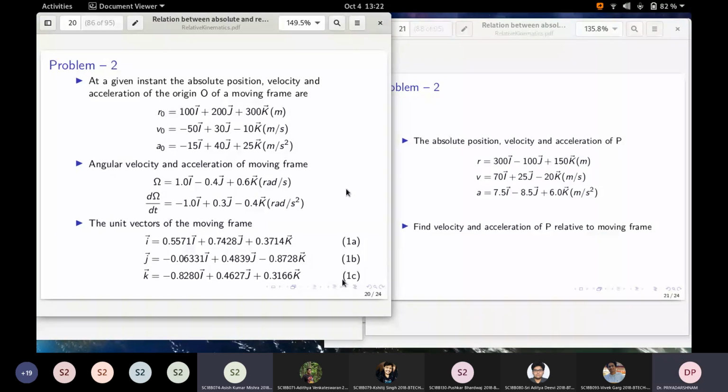But how does the relative one become simply the subtraction of these two quantities? Sir, it won't be actually. This is the relative with respect to the origin only.